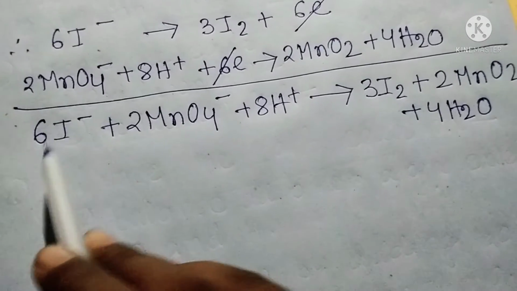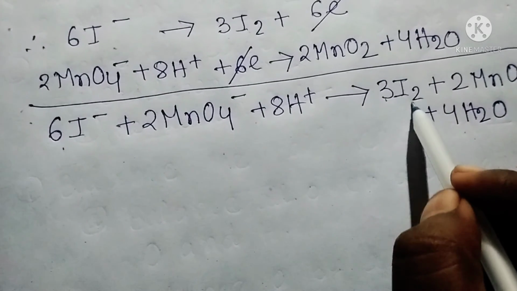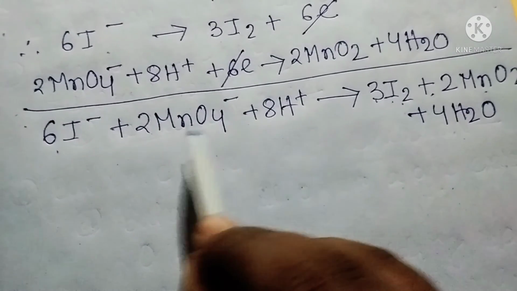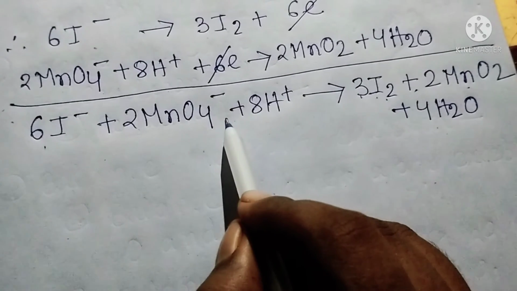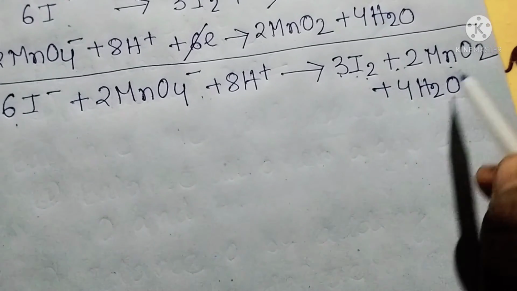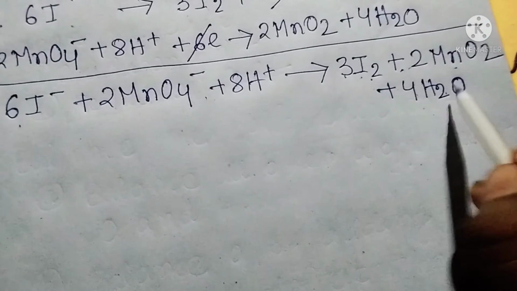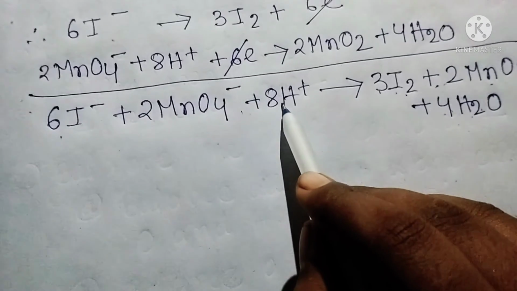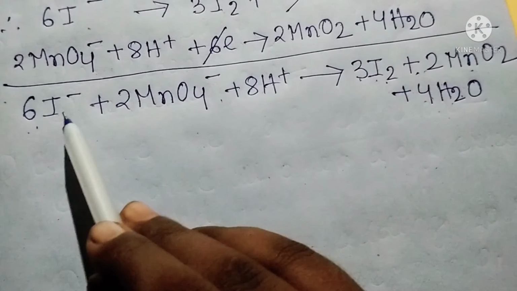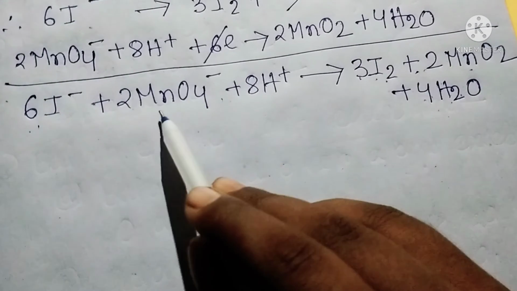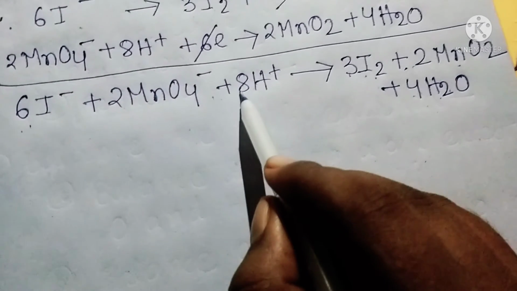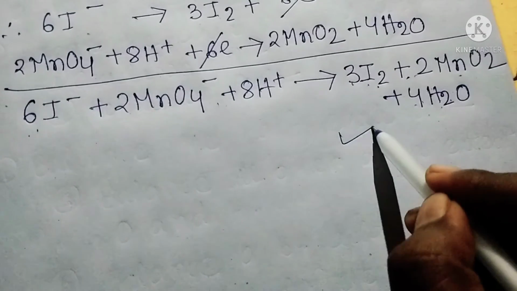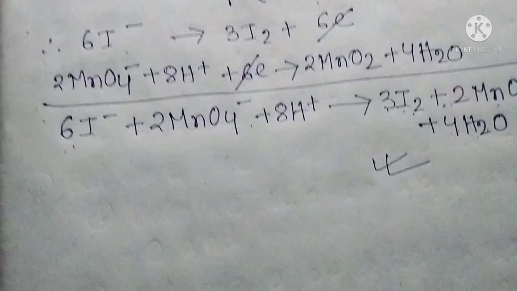Here 6 iodine is present, here 3 2s are 6 iodine, here 2 manganese, here 2 manganese, oxygen 2 4s are 8 oxygen, here 2 2s are 4 and 4 oxygen, 8 oxygen. Now hydrogen 4 2s are 8 hydrogen. Now balance the charge, here 6 minus plus 2 minus 8 minus plus 8 plus 0, and here no charge is present, so this is also 0. So this is the balanced form of this equation.